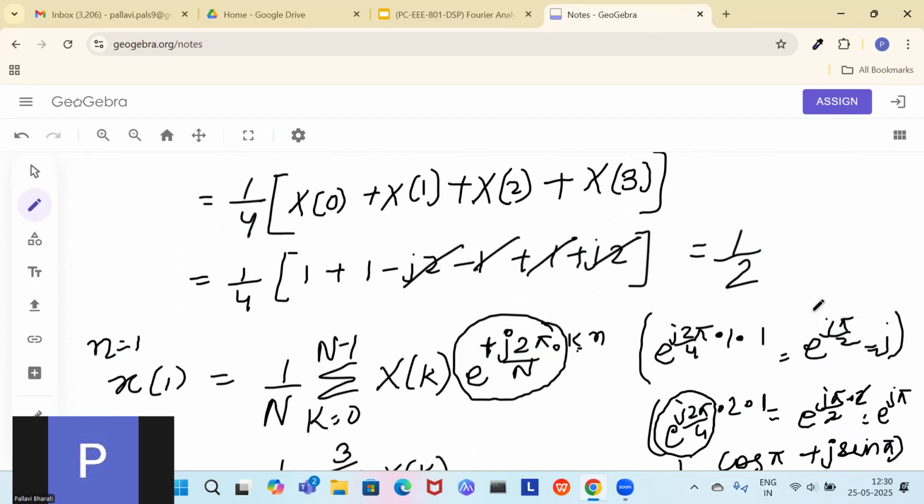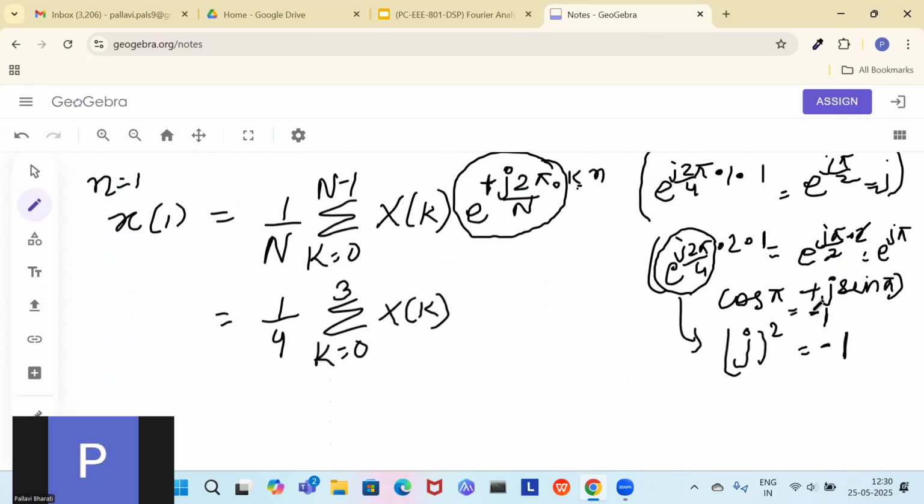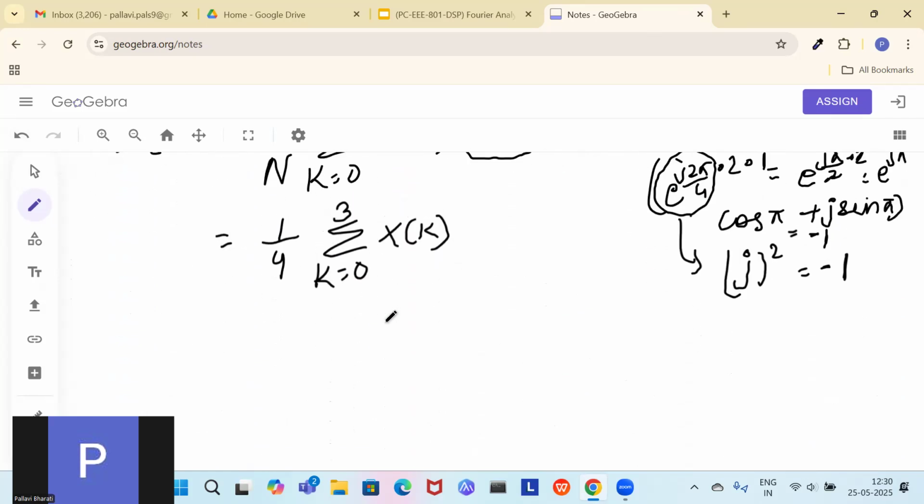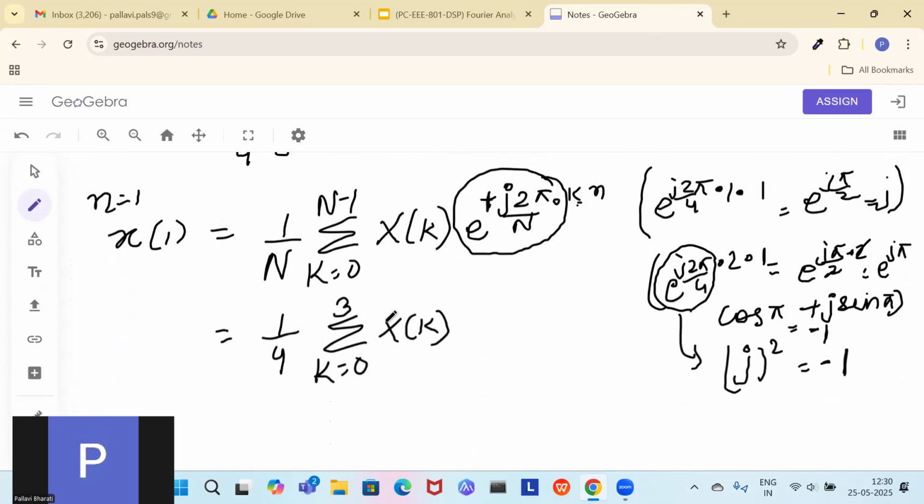So that we will use here. So let me write it down here. Okay, for this one, e to the power j 2 pi by 4, it is becoming j. We know it right now. Now this is k into small n. Small n, we are doing this for 1. So this is 1 over here.